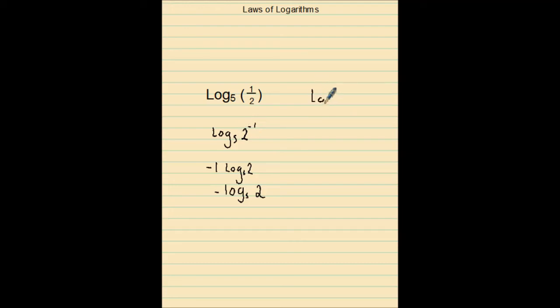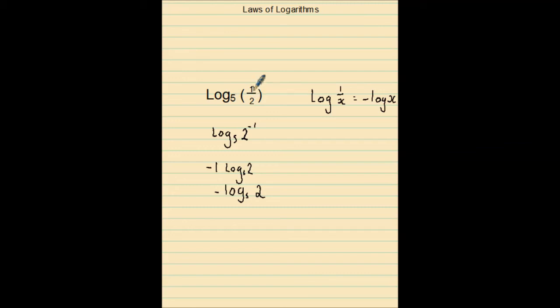So I think the general rule is something like this. In fact, it isn't. It's the same as minus log x. Nothing clever here. It's just I've written down the results.